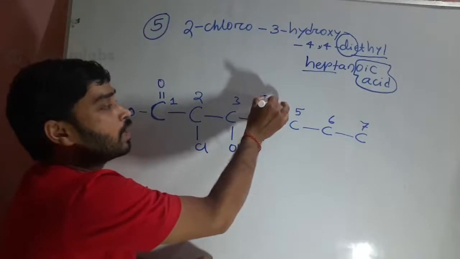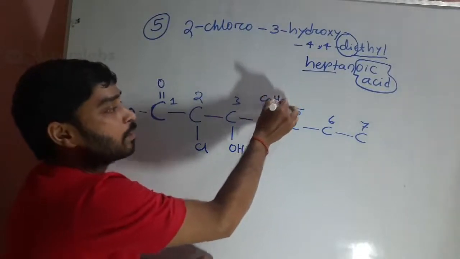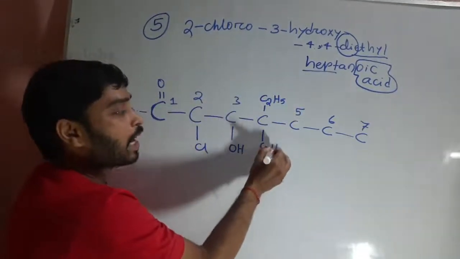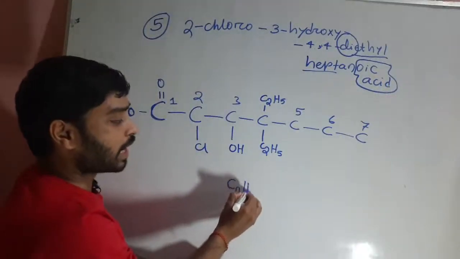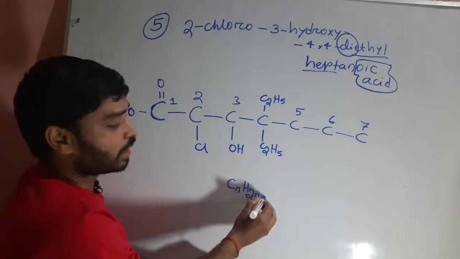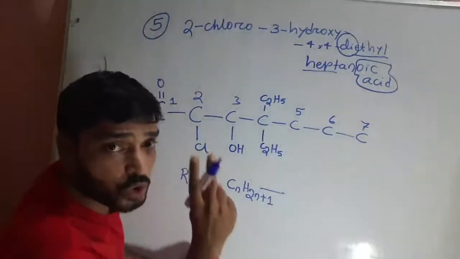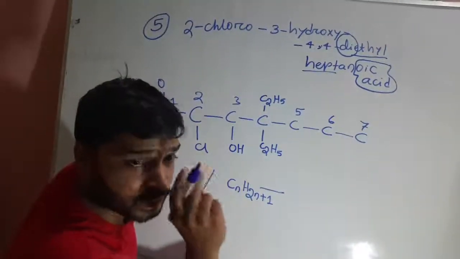So the ethyl group has the formula C2H5. How C2H5? I have told in the previous classes that an alkyl group has the formula CnH2n. Each word root expresses the number of carbons present in an organic compound.